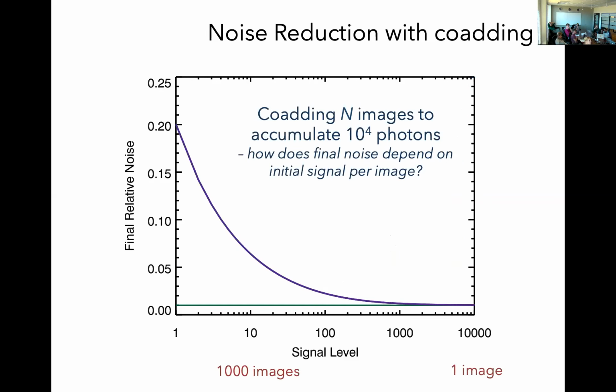That distinction is important as you're planning observations. You say, okay, I want to take some data, and I need a certain signal to noise, and oftentimes you're going to have to combine multiple images and co-add some data in order to achieve that signal to noise. That co-adding, when you're summing up signals, is best done when you're in the shot noise dominated regime, because then you pay no penalty.